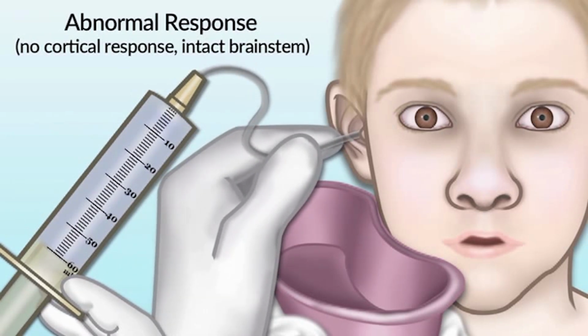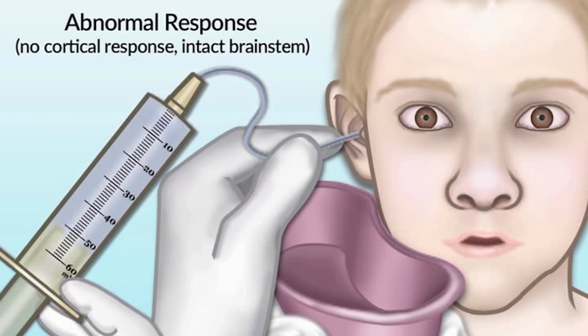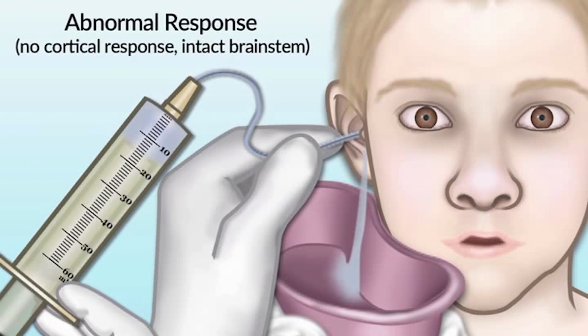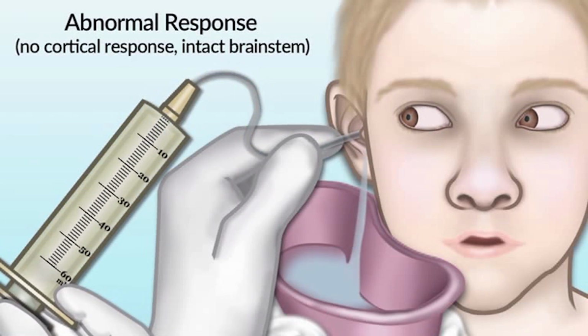When you instill cold water into the otic canal, if the brainstem is still intact, you will observe the eyes turn slowly toward the cold water stimulus. Therefore, if you instill cold water into the right ear, the eyes will turn slowly toward the right side.